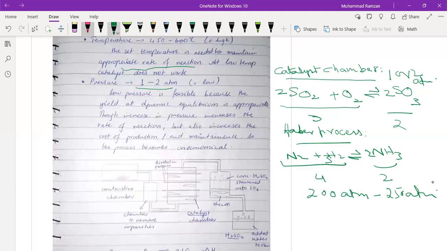And there would also be more maintenance due to wear and tear in the machinery due to high pressure. Over here, even at low pressure, you are getting high yield because the yield at equilibrium of the product is appropriate. More than 60% of your reactants are changed into product.